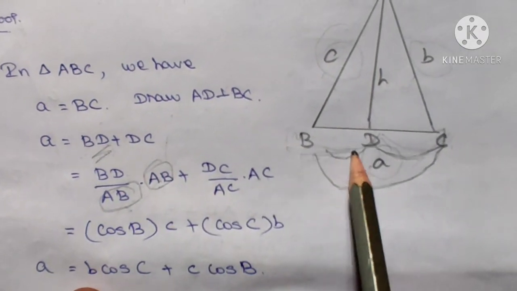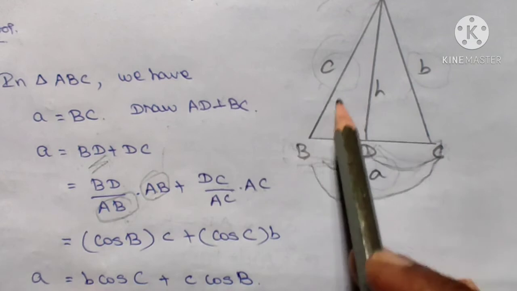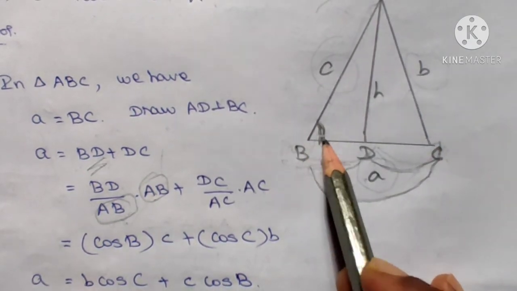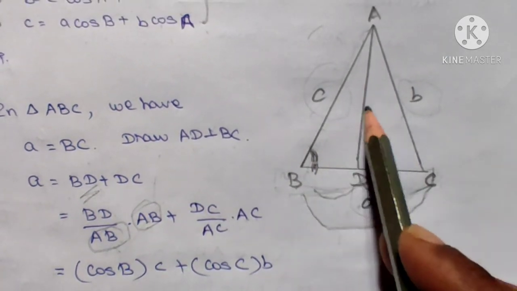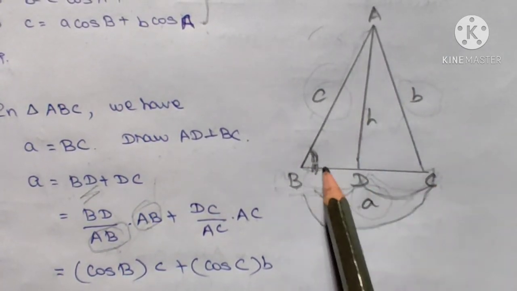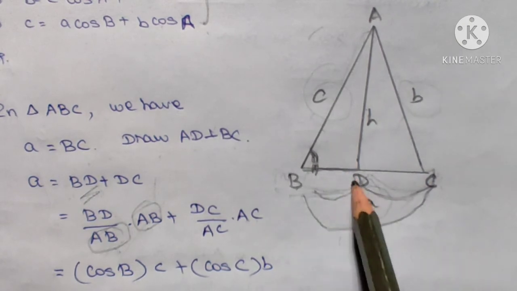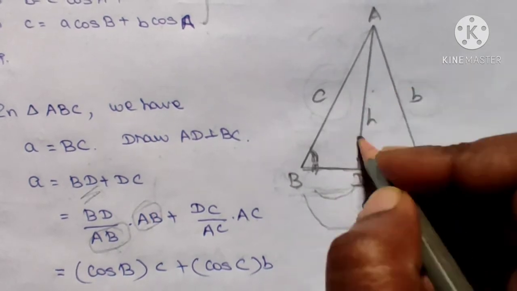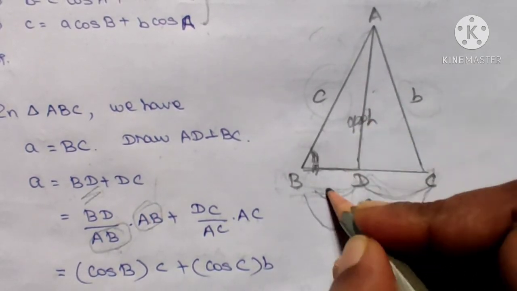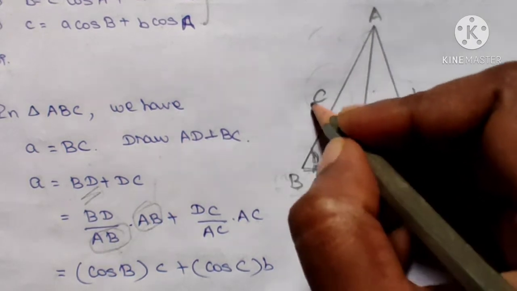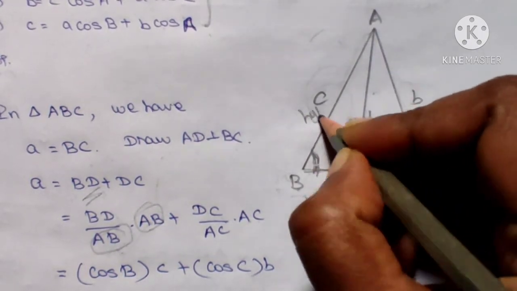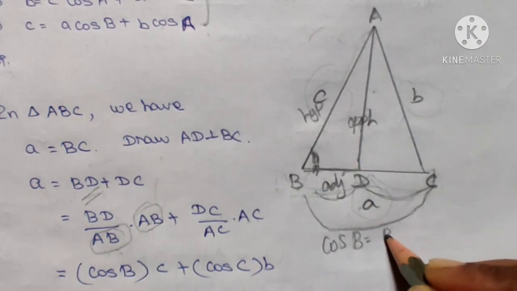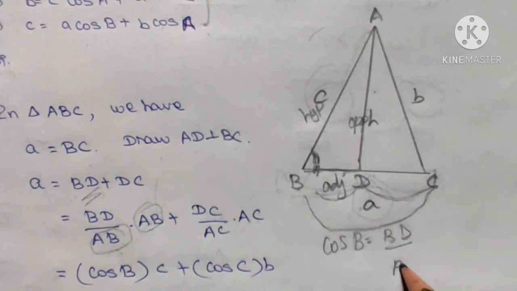BD by AB, we take angle B. What's the value of cos B? Opposite side is AD, adjacent side is BD, hypotenuse is AB. The side opposite the angle is the opposite side, the nearest side is the adjacent side, and the slanting line is the hypotenuse. So cos B is equal to adjacent side by hypotenuse.